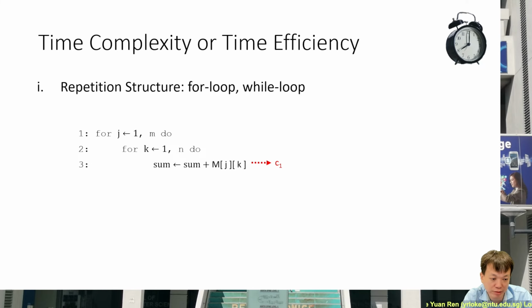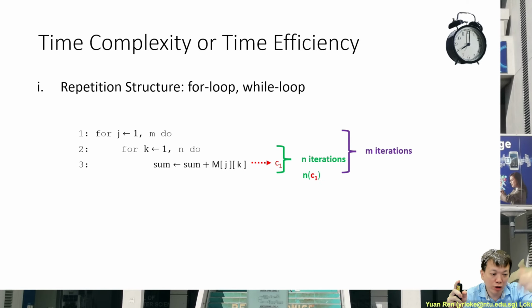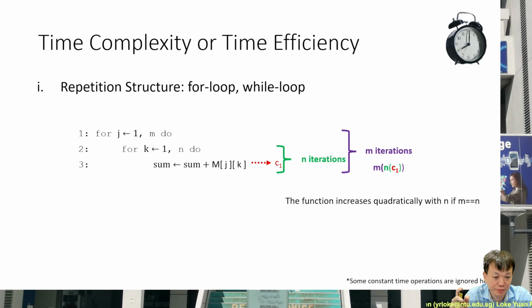In this simple example, in each iteration I only take constant time to complete, let's say C1. But I need to repeatedly do this operation n iterations for each row, and then I need to repeat this procedure for each column n iterations. It's like m times n times C1 in total.